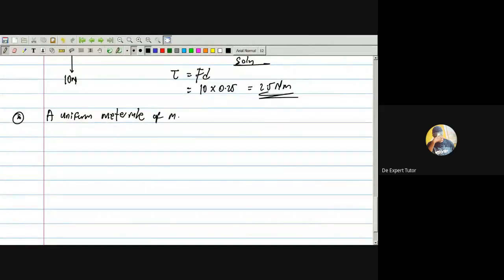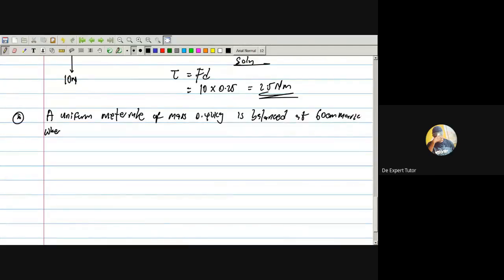A meter rule of mass 0.42 kg is balanced at the 60 centimeter mark. Don't worry, you understand this very well.